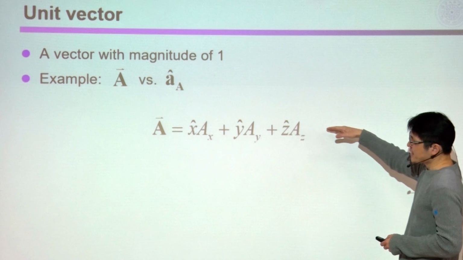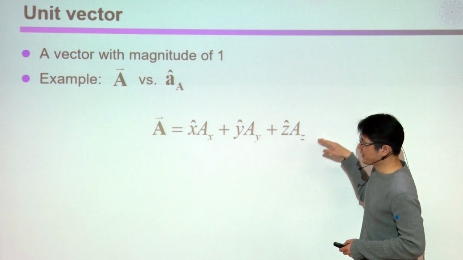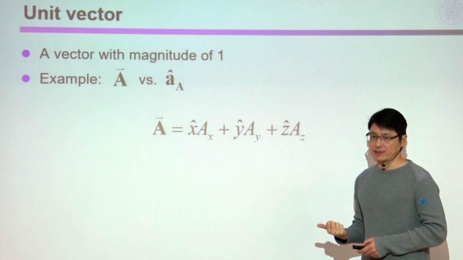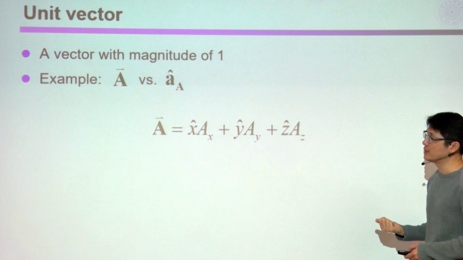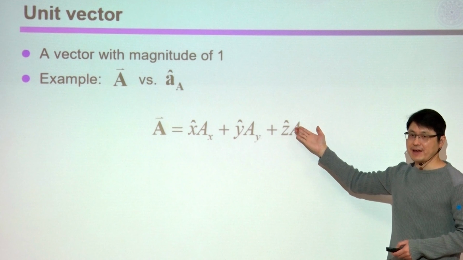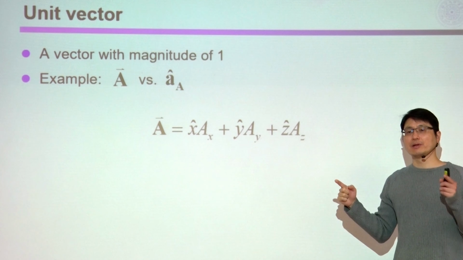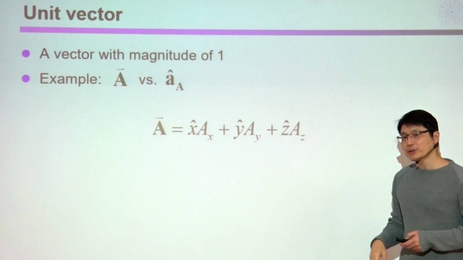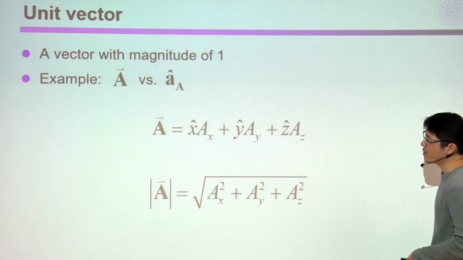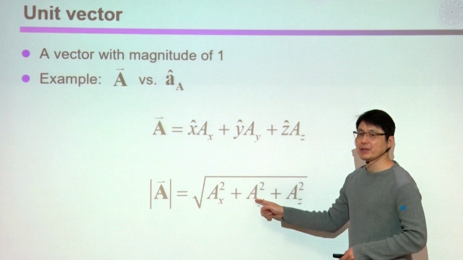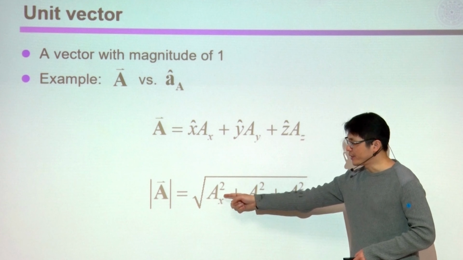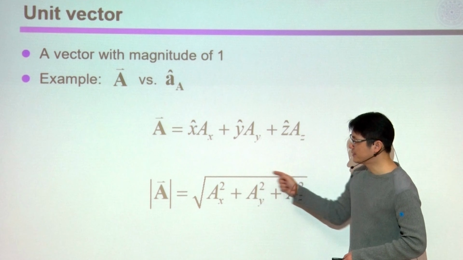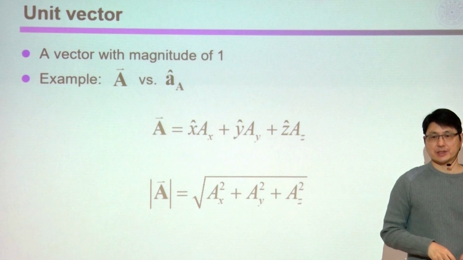So we can always convert any vector into a unit vector. So all you have to do is divide this vector by its total length. So the total length is nothing more than all the components squared, added, and then taking the square root.